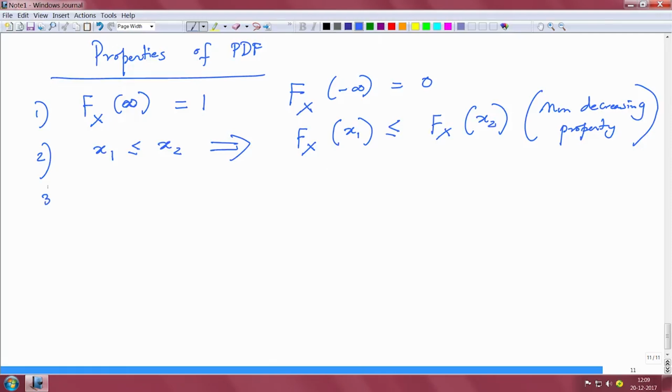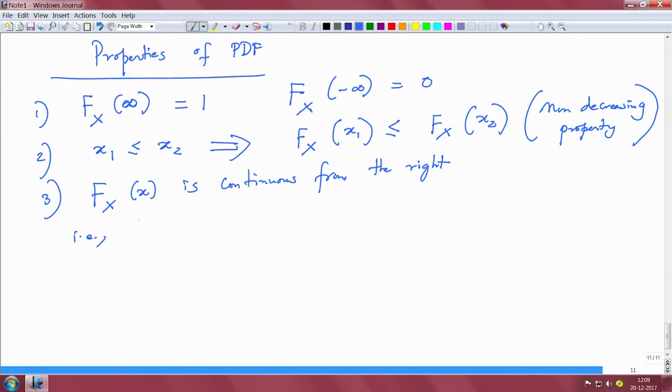Okay. Then there is a third property: capital F_X of small x is continuous from the right, that is, the probability distribution function is right continuous.